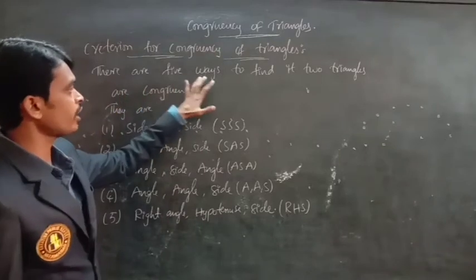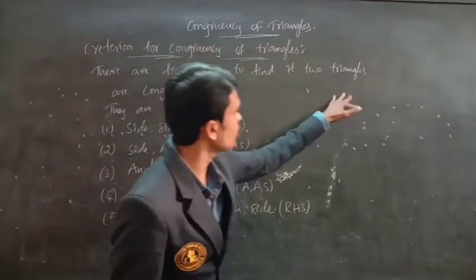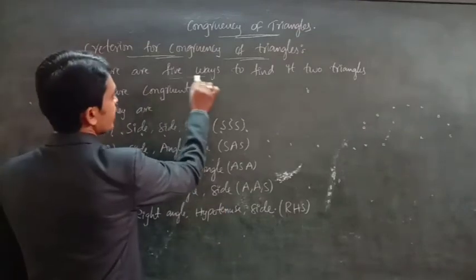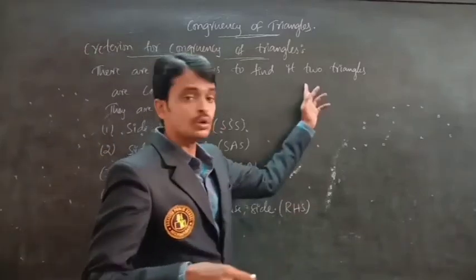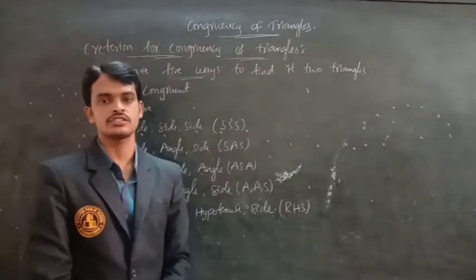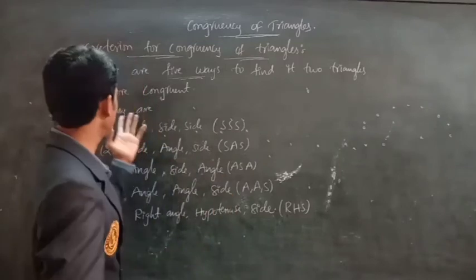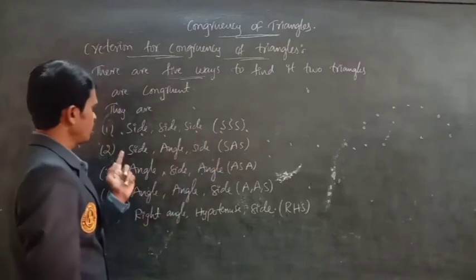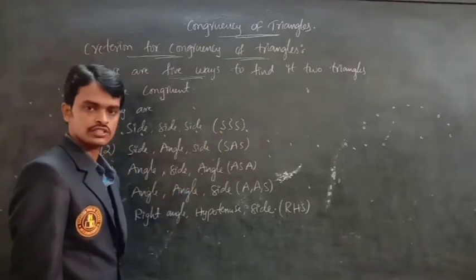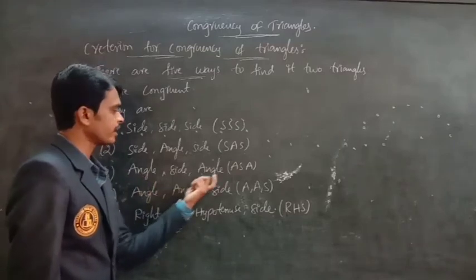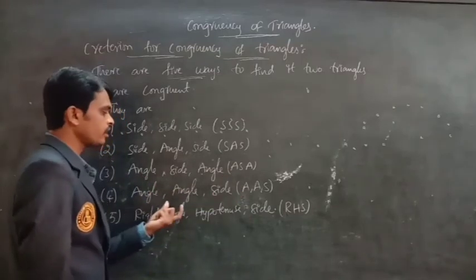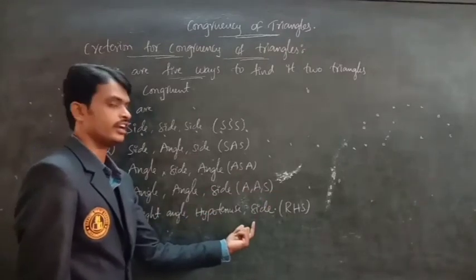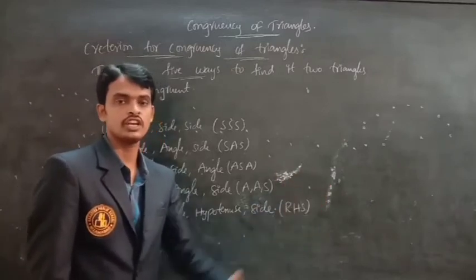There are 5 ways to find whether two triangles are congruent: side side side congruency rule, side angle side congruency rule, angle side angle congruency rule, angle angle side congruency rule, and right angle hypotenuse side RHS congruency rule.